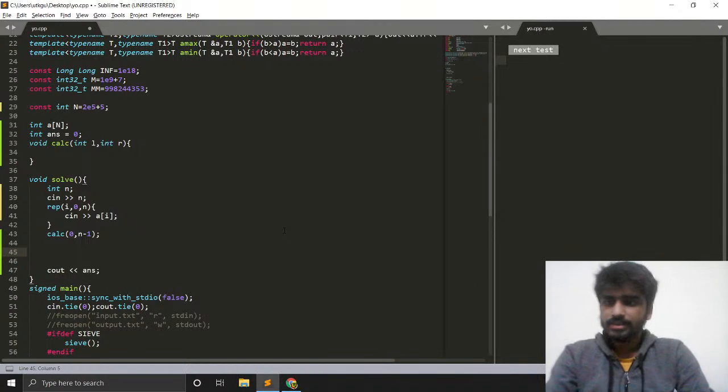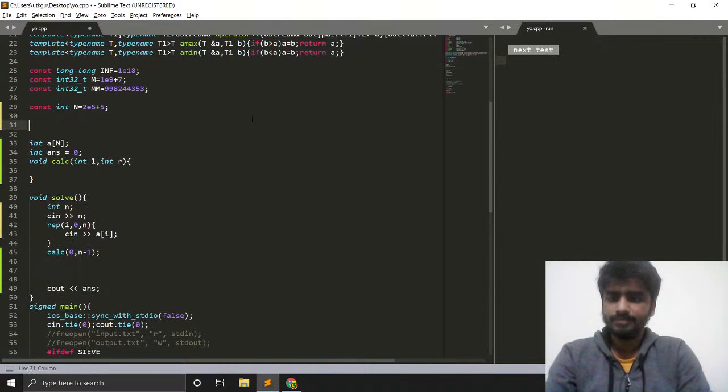Anyway, back to the question. I'm trying to do a divide and conquer type of thing, and for this, I need to be able to quickly find the maximum element, and for that, I can use a segment tree.